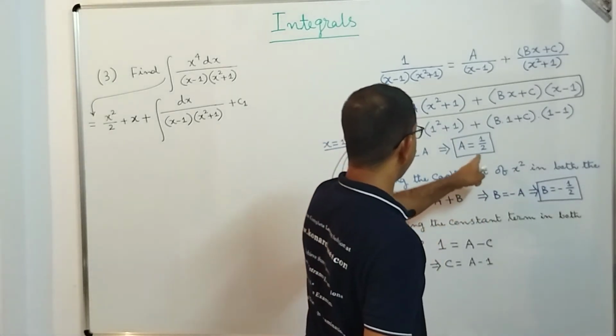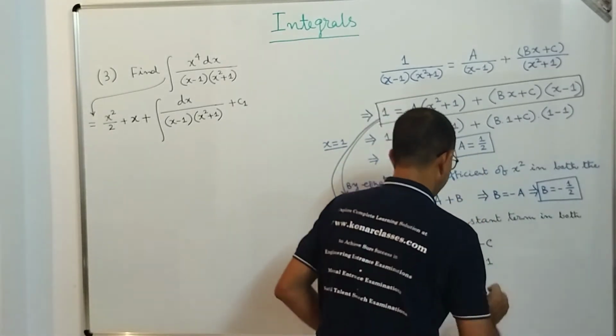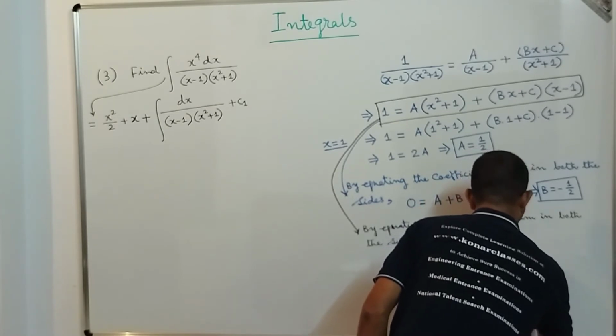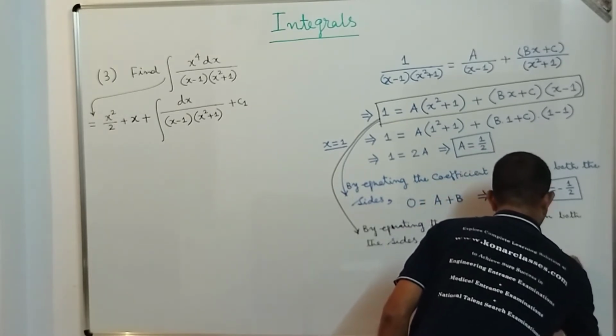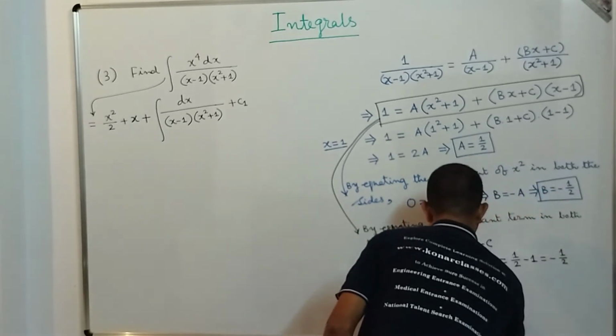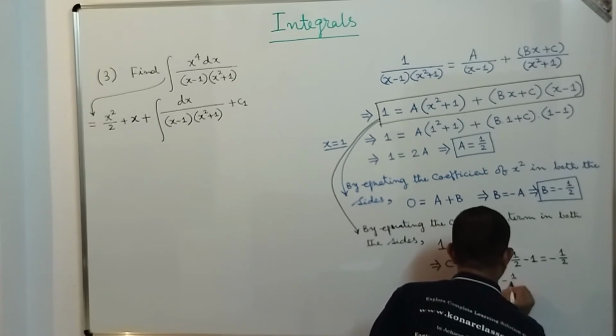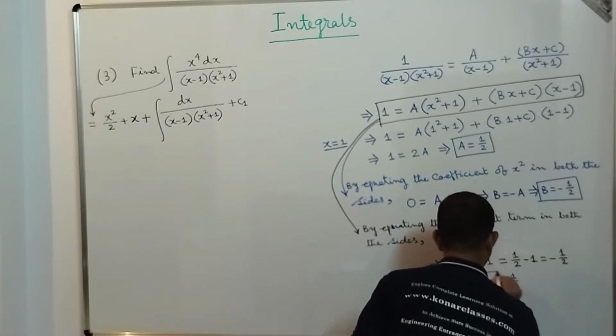And the value of A we already found, that is 1 by 2. So that is equal to 1 by 2 minus 1, that is equal to minus 1 by 2. So the value of C we get, dear students, is minus 1 by 2.